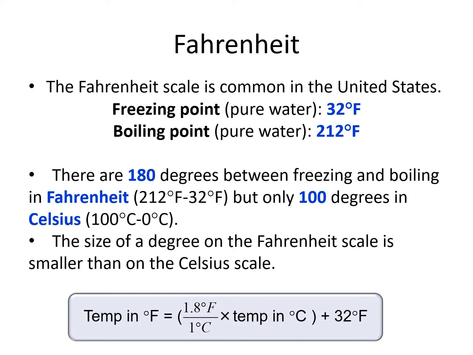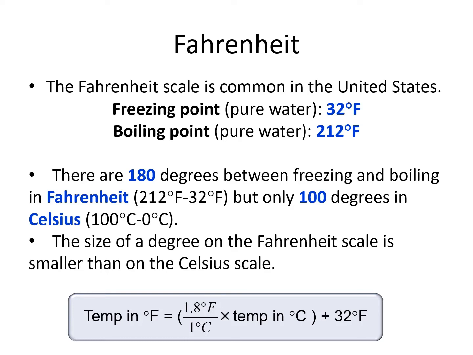The conversion between Celsius and Fahrenheit accounts for the different size of the degree by multiplying by 1.8 degrees Fahrenheit over 1 degree Celsius, which is the same ratio as 180 degrees Fahrenheit over 100 degrees Celsius. Another way that you might see that ratio expressed is 9/5, but it's still that same 180 over 100 ratio.